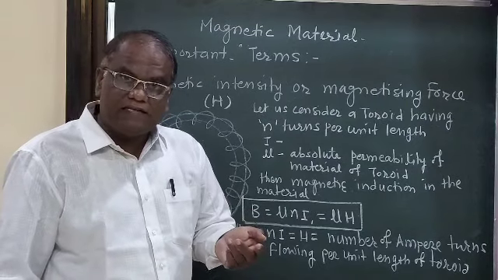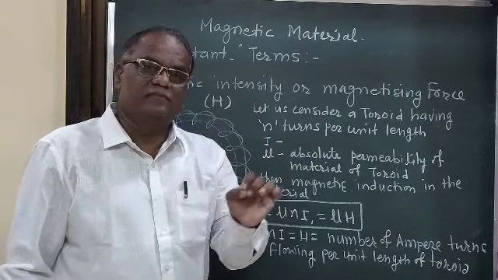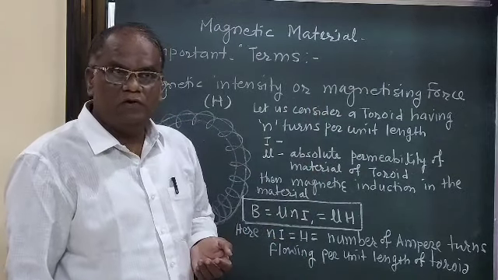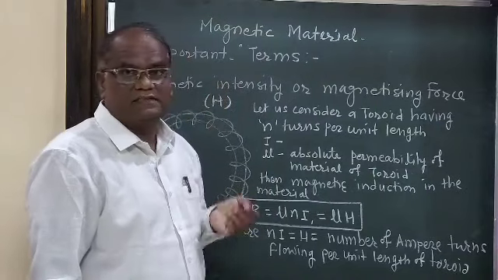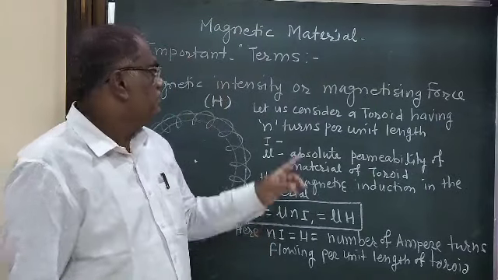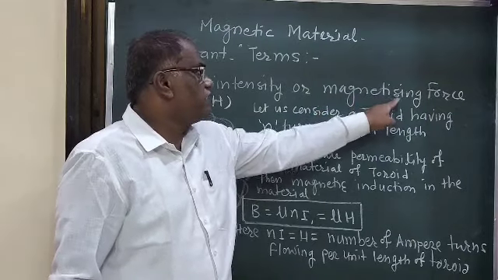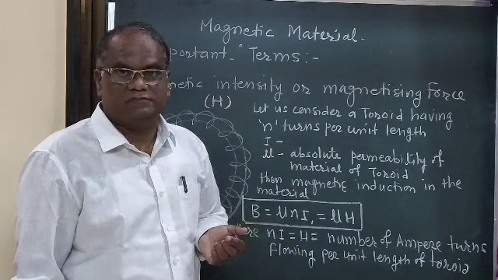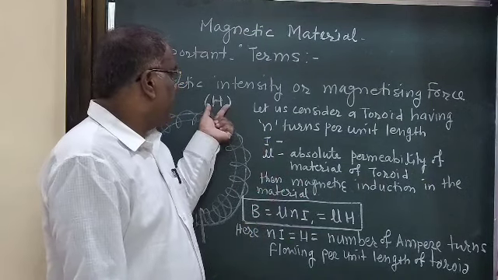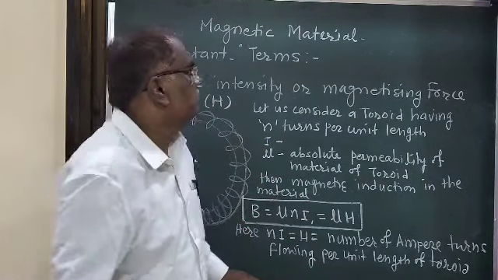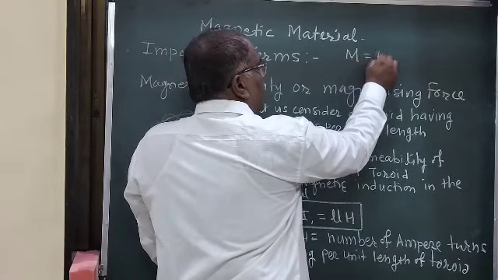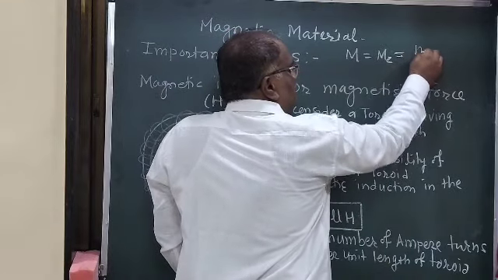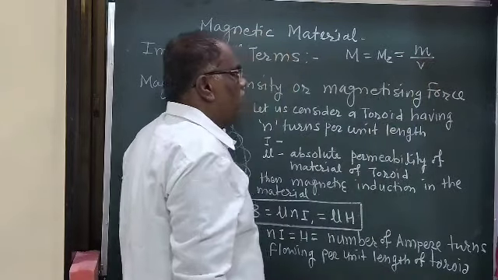In intensity of magnetization, the word magnetization means M, that is dipole moment per unit volume. Magnetic intensity is totally different. Sometimes it is also called magnetizing force, and it is denoted by H. We know that capital M or Mz is magnetization, whose formula is dipole moment per unit volume.